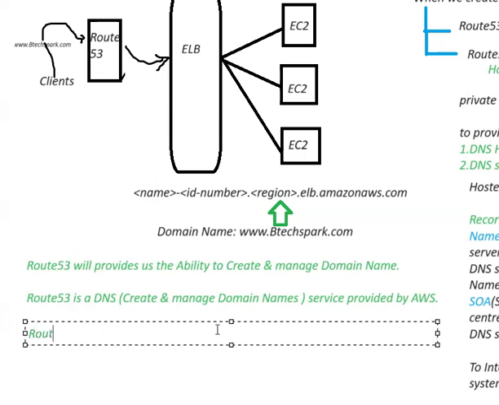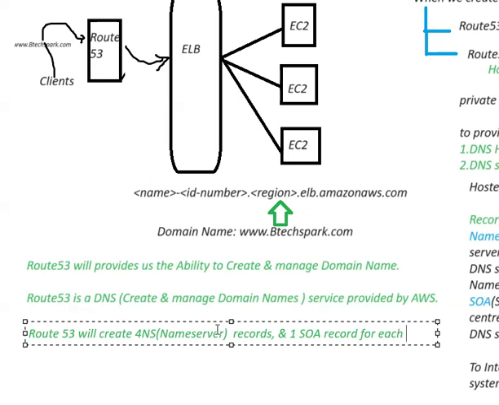So Route 53 will create 4 NS records, that is name server records, and 1 SOA record for each hosted zone.